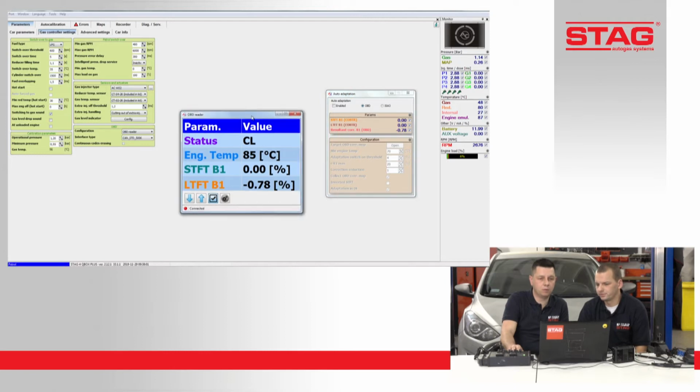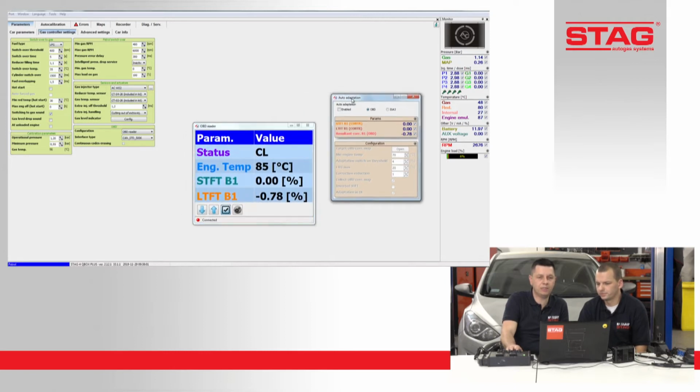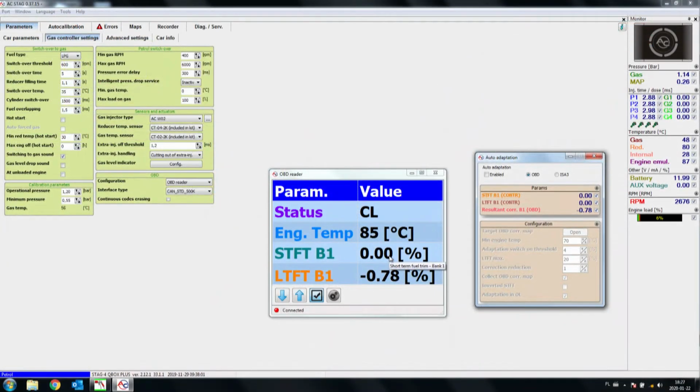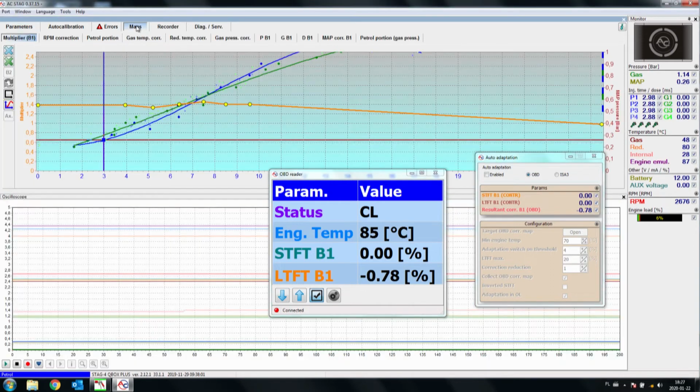Right. So if you have a connection to the OBD, it is better to use OBD auto adaptation, or use the parameters from OBD, because it is more precise to adjust. You can adjust the mixture more precisely according to the adjustment that we made in the Go Fast, because right now you are using information from the ECU of the car, the original ECU of the car.